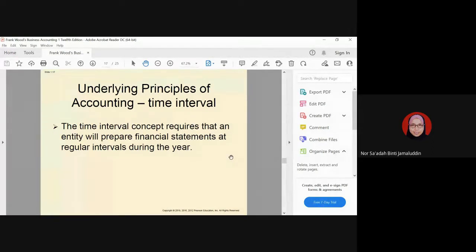So kalau in term of syarikat sole proprietorship, so maybe dia setahun sekali. Tapi let's say you are involved in the corporate form of organisation, so you must disclose your financial statement quarterly. So 3 bulan sekali. Quarterly tu maksudnya 1 year 4 times. So tiga bulan, so dia akan jadi 4 kali lah dalam setahun kan, dia akan jadi 12 bulan. Okay.